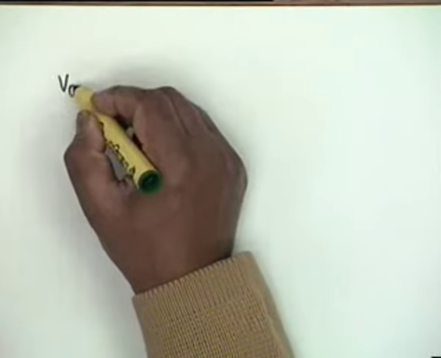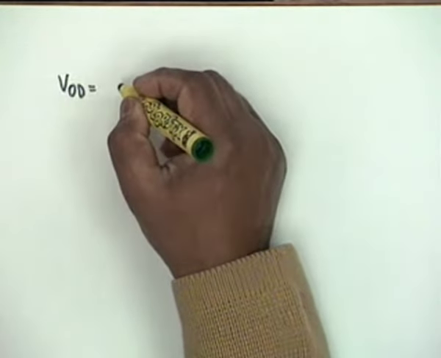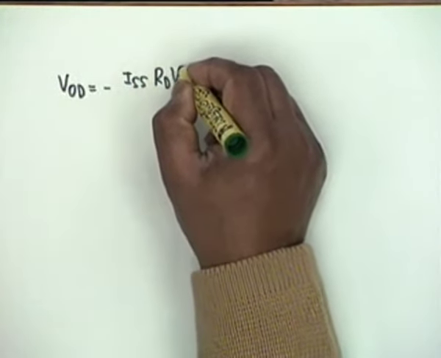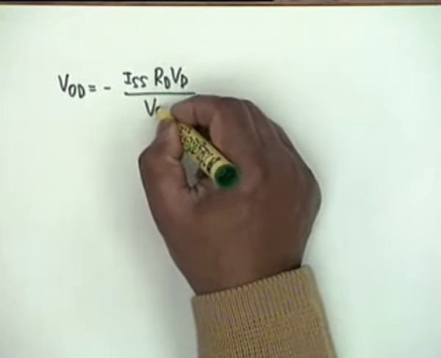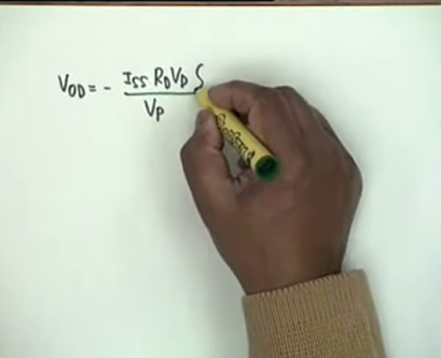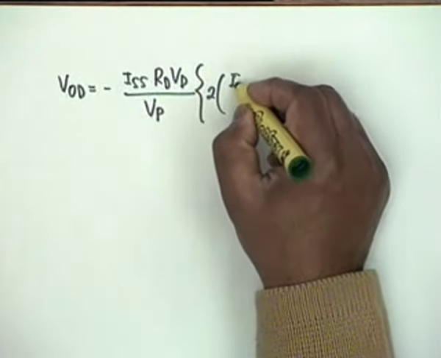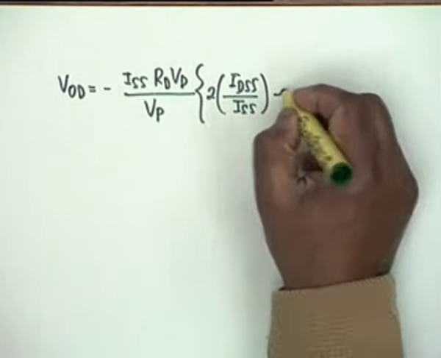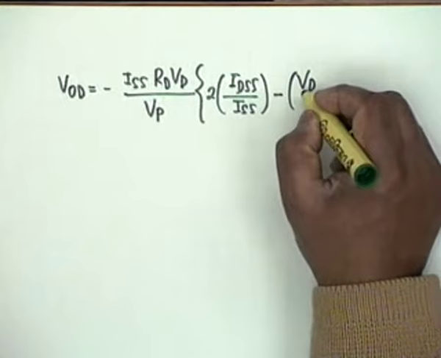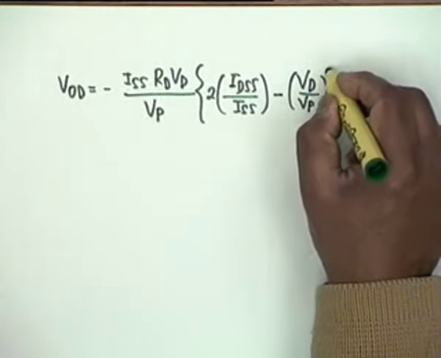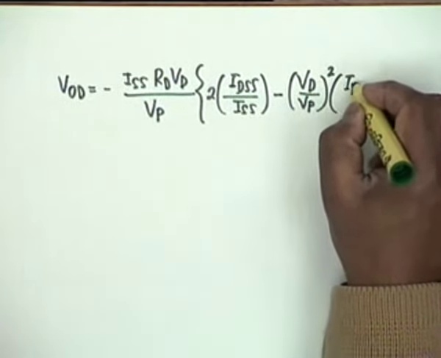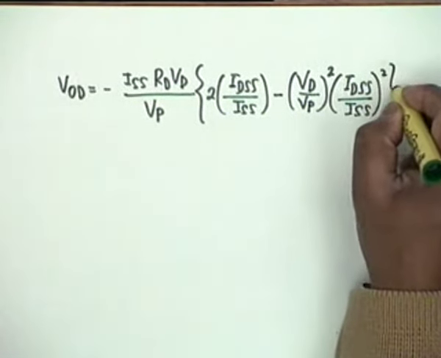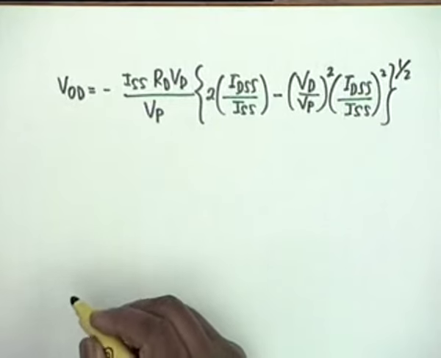Our expression is a formidable looking expression, VOD equals minus ISS RD VD divided by VP, then twice IDSS divided by ISS minus VD by VP whole squared times IDSS divided by ISS whole squared.